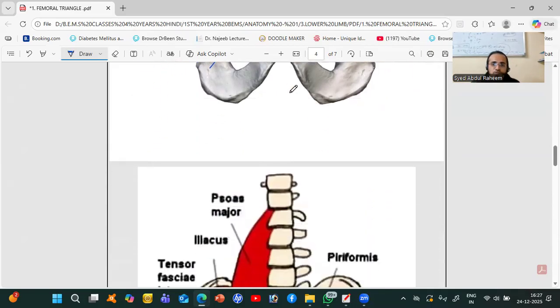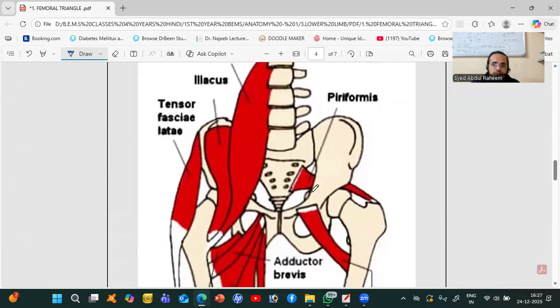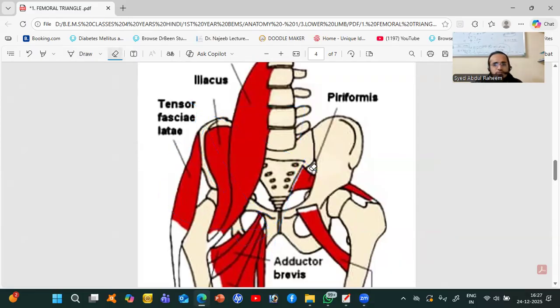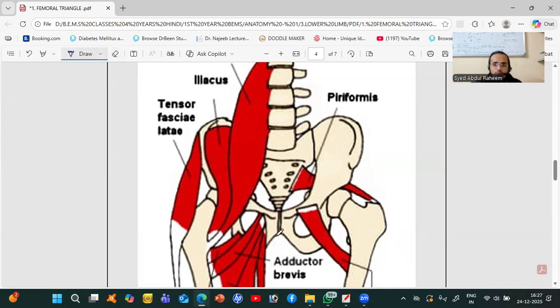You can see some muscles here in the pelvic region. Some of the muscles arise here, making the femoral triangle, because the femoral nerve, femoral artery, and femoral vein all come through here. So it is named the femoral triangle.